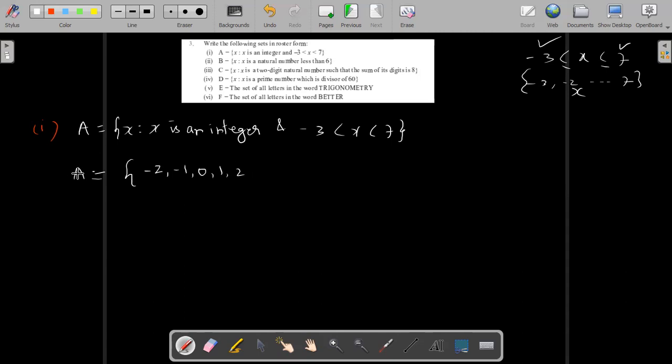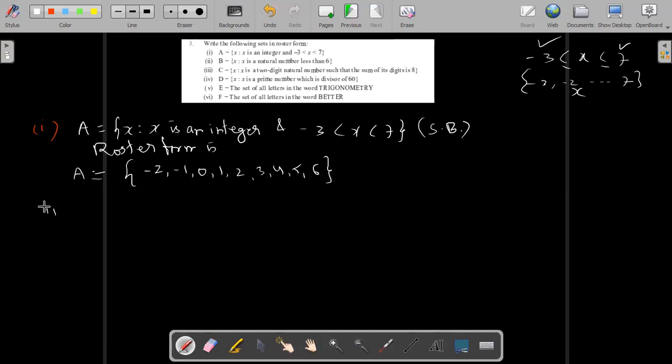This is set builder form, and this is roster form or tabular form. So roster form is -2, -1, 0, 1, 2, 3, 4, 5, 6. 7 will not come because it is less than 7 here.